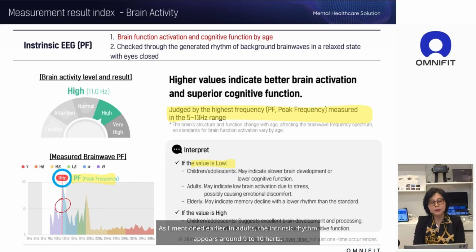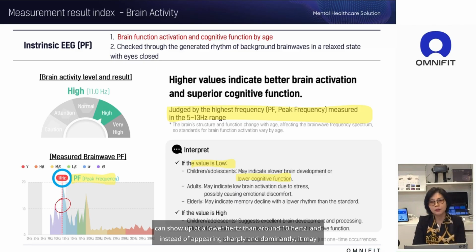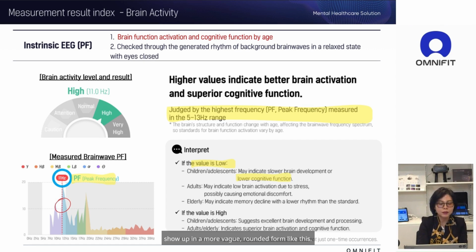As I mentioned earlier, in adults, the intrinsic rhythm appears around 9 to 10 Hz. However, even in adults, if there is excessive stress or if the brain's functional activity decreases, it can show up at a lower Hertz than around 10 Hz, and instead of appearing sharply and dominantly, it may show up in a more vague, rounded form like this.